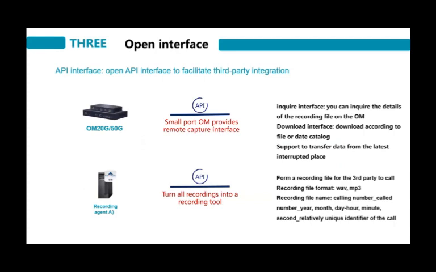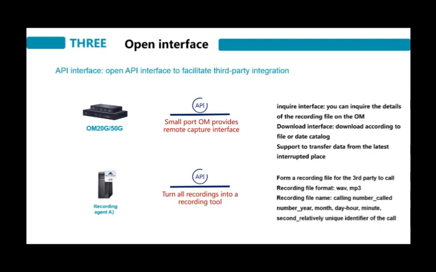Again, we have the open API interface to facilitate any third-party integration. For our small devices, you can inquire the details of the recording file on the OM, and of course, you can support the transfer of the data from the latest interrupted place.